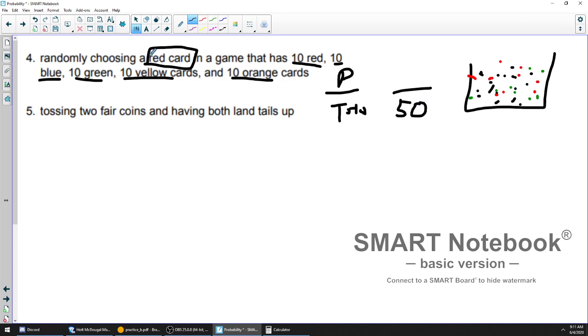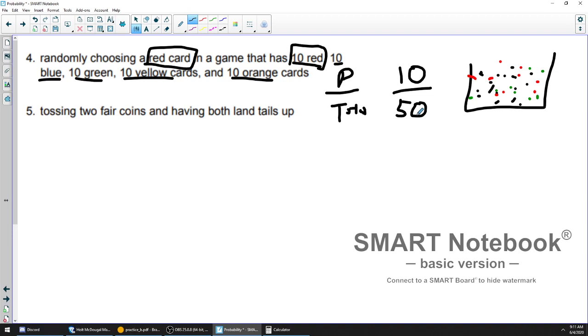Now, we're asking to choose for a red card. How many red cards are there in the total of 50 cards? 10 red. So our fraction would be 10 out of 50, because there are 10 red cards out of the total 50 cards.